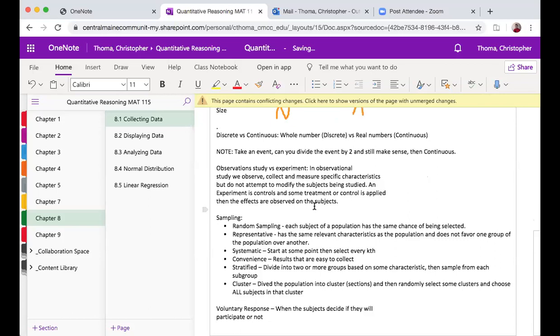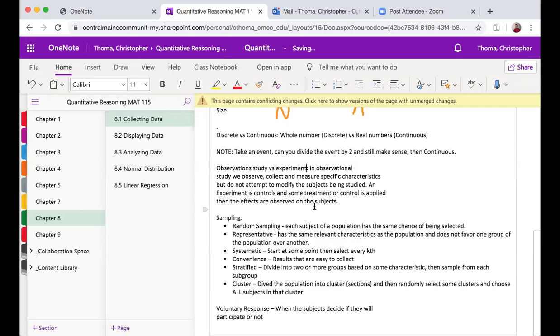So types of sampling. To make something in statistics, we want to try to make it unbiased. We don't want our data to be misleading. And the best way to do that is these different types of sampling. So a random sample is each subject of the population has the same chance of being selected.